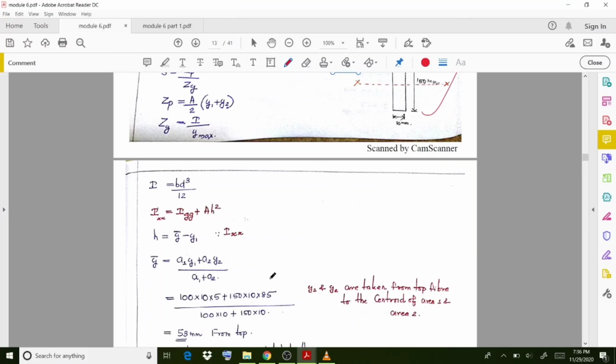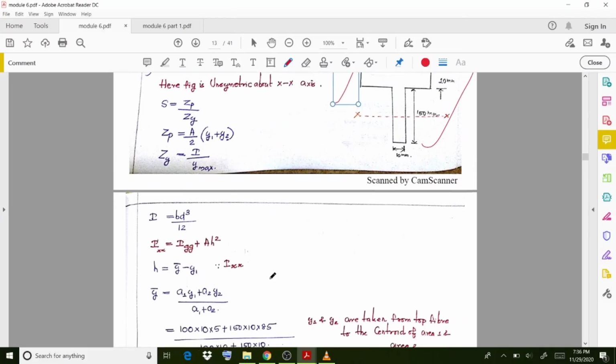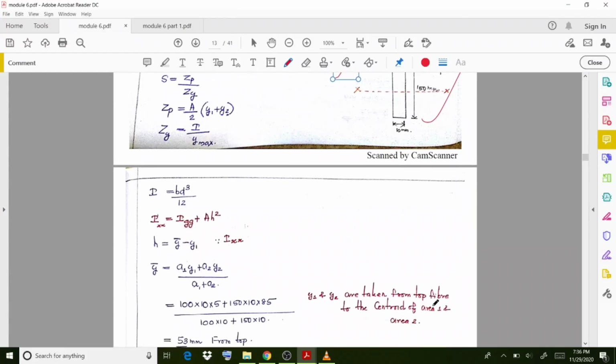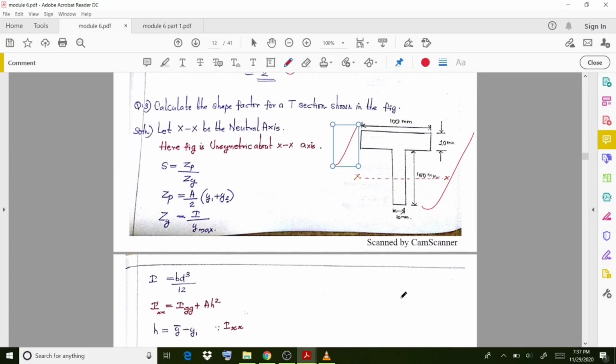If you are considering y1 and y2 taken from the top fiber to the centroid of area 1 and 2, you can take either from top or bottom. In this case we are taking from the top portion. So a1 is going to be 100 multiplied by 10, and a2 is going to be 150 multiplied by 10.